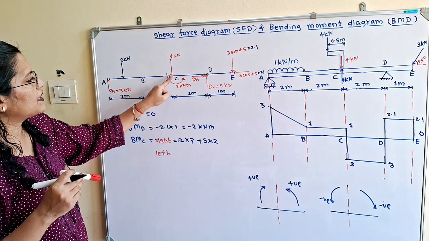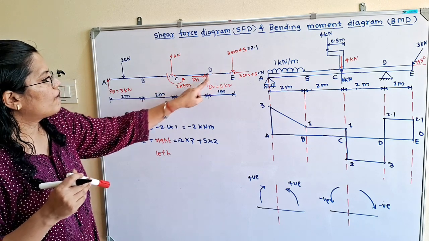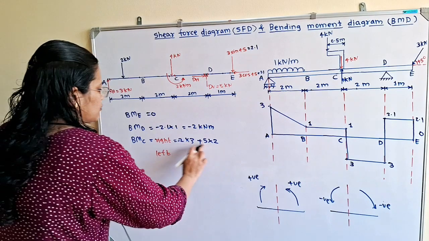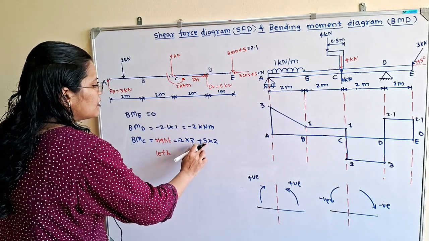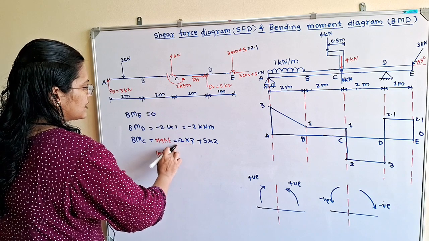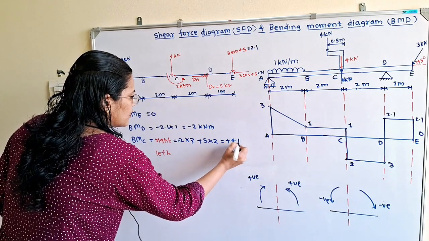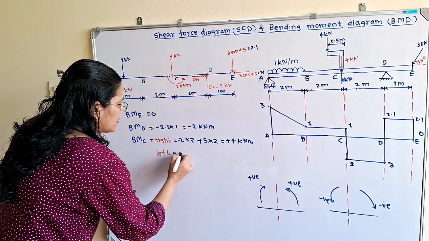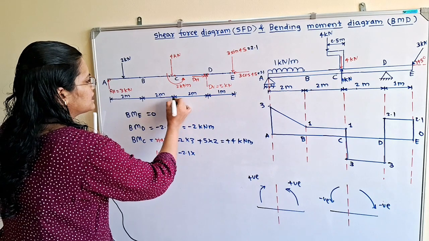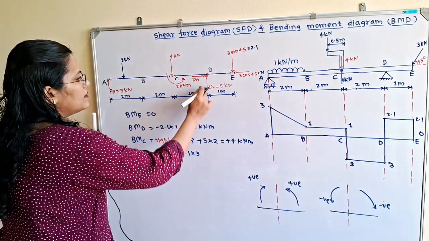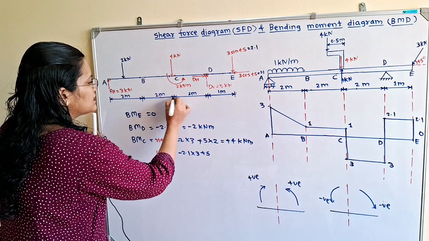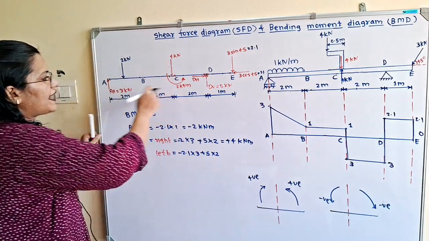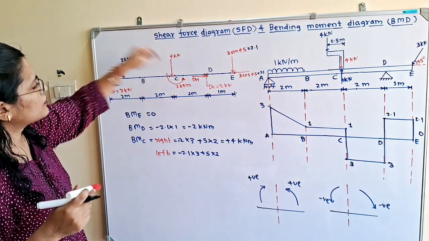So on the left hand side point, if we observe, there are 1, 2, 3 point loads and this couple also. So we will calculate this. When we calculate for right hand side point, then it is 10 minus 6, that is equal to plus 4 kilonewton meter, and on left hand side point we will calculate minus 2.1 multiplied by this distance 3, then plus 5 multiplied by this distance 2, then here is 4, which is passing through this point.